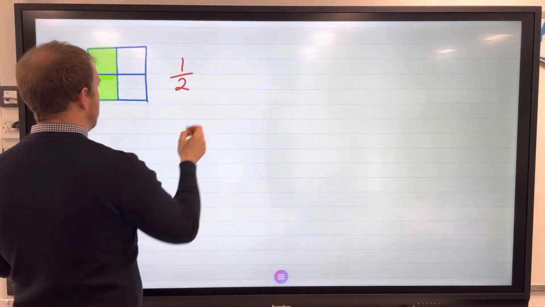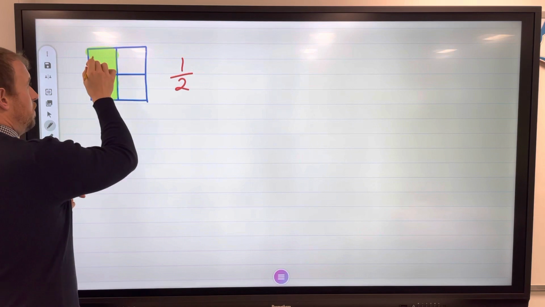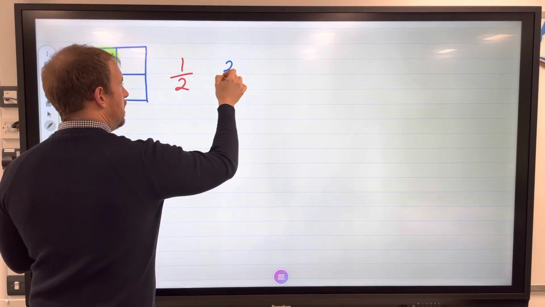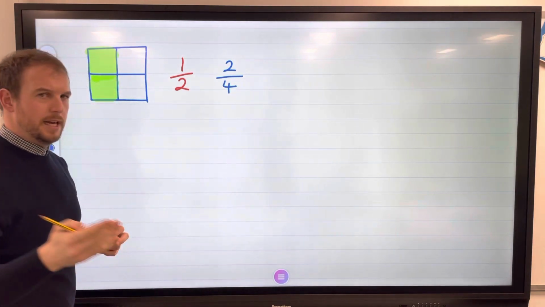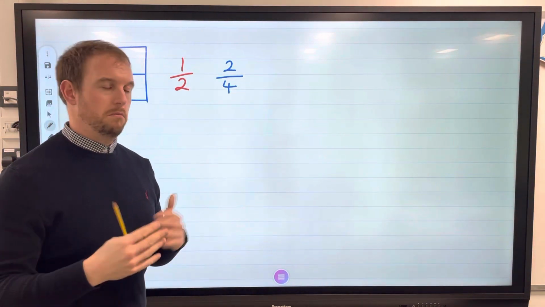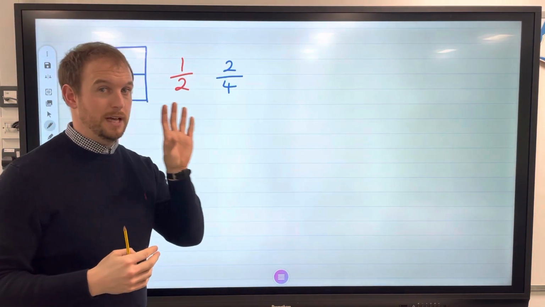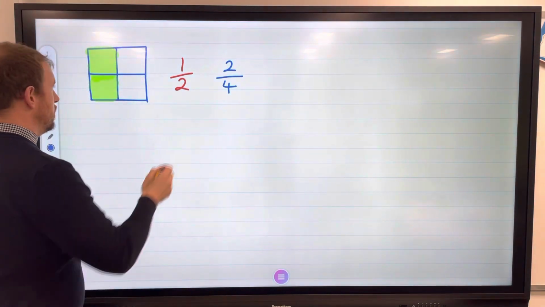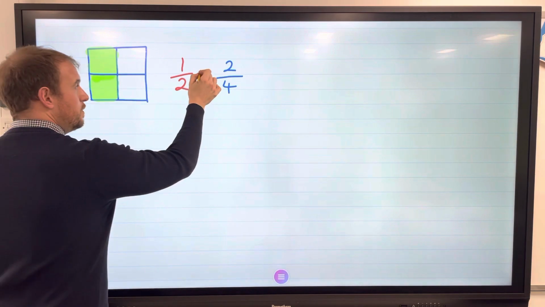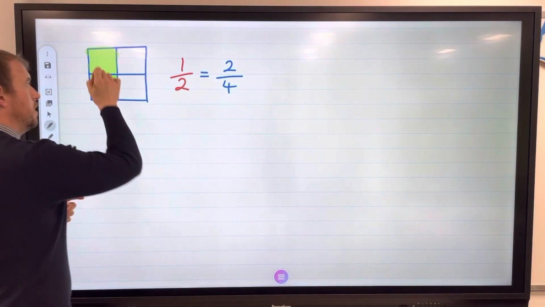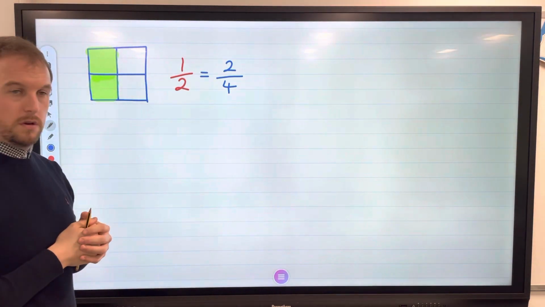How many do we have shaded in? We have 2 out of 4. Did I shade anything more though? No, I didn't. I kept that the same. So half is exactly the same as, or equal to, 2 quarters.